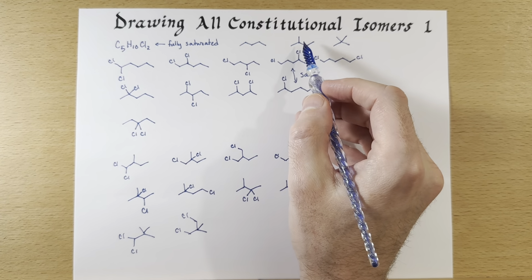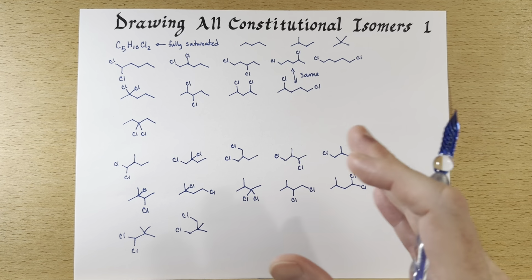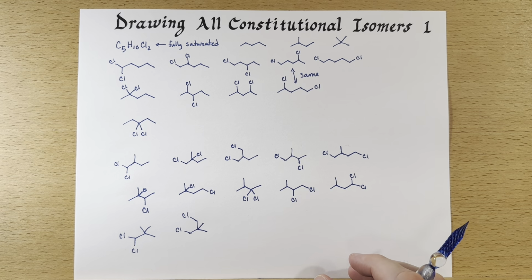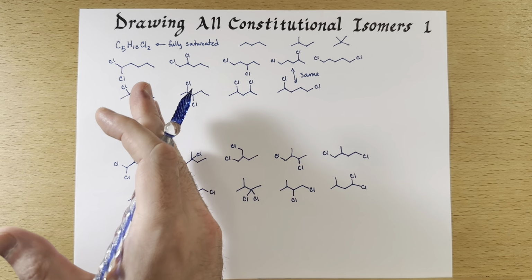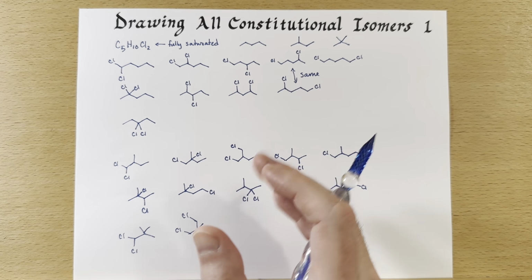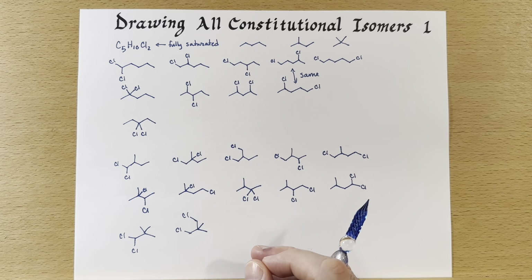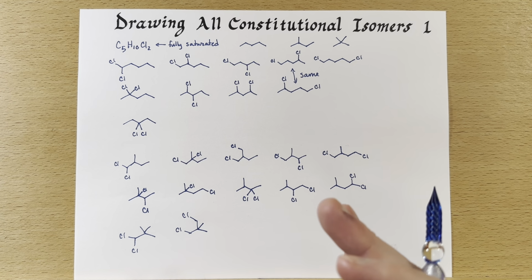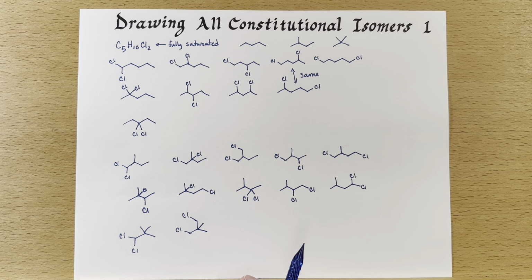Try drawing out all of the possible carbon backbones that you can have, and then systematically move through by moving the substituents around. You have to go in this with a plan, because if you don't, you are very likely to miss at least 1 or 2 isomers. So with that, thank you for joining me for this video, and we'll see you in the next one.